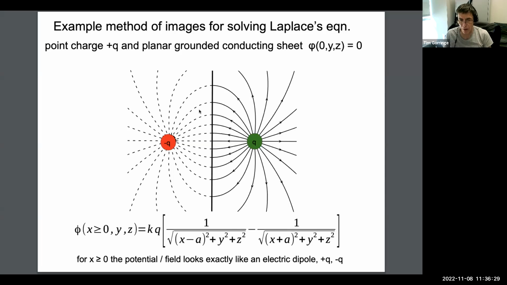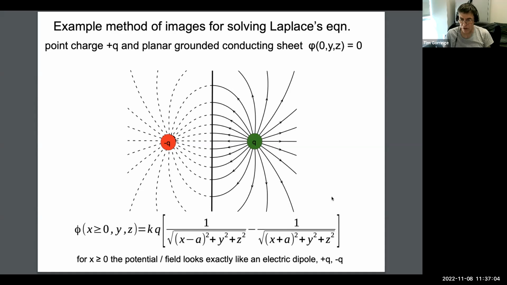In this particular problem, we're asked to imagine a region of space that has a single positive point charge, here it is in green, and a planar grounded conducting sheet. Here it is, this vertical line. And we're asked to figure out the electrical potential in the region over here to the right of the grounded conducting sheet. So that's the question.